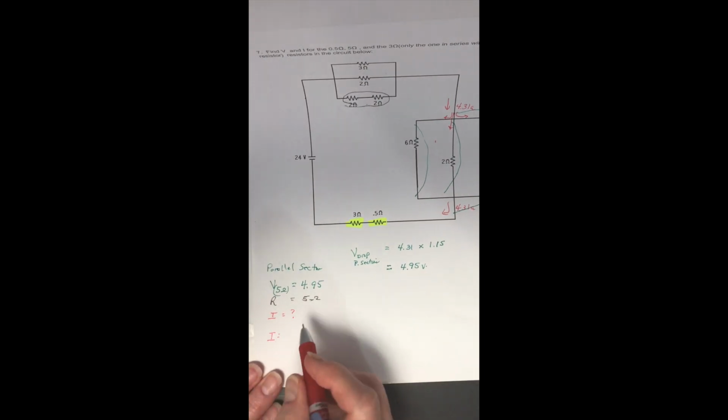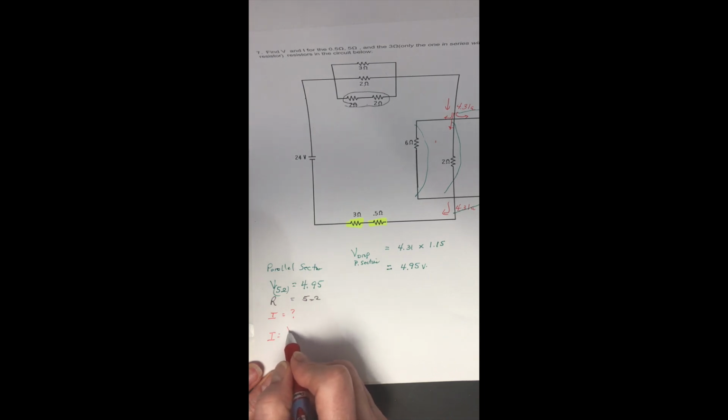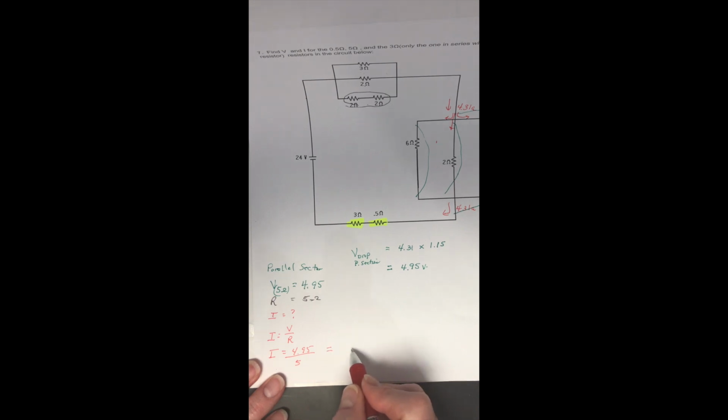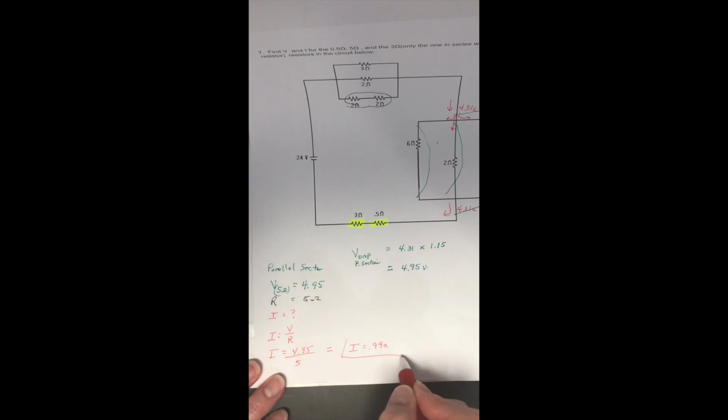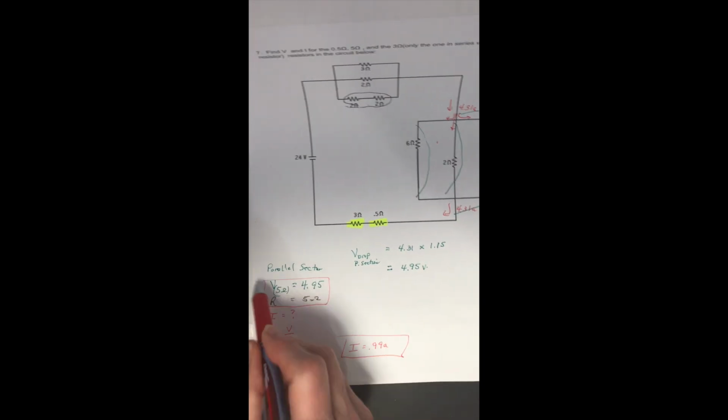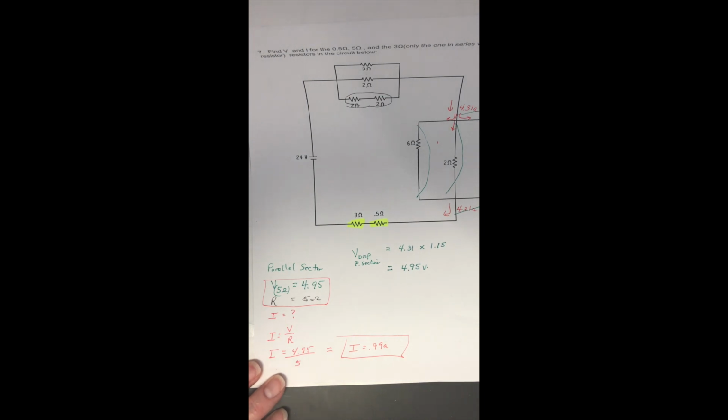I am going to rearrange it: I equals V over R. I equals the voltage drop, 4.95, divided by 5, and the current is 0.99 amps. So I have got this guy's current, I have got his volts and his resistance. That's it.